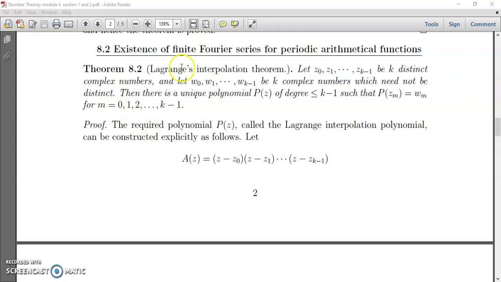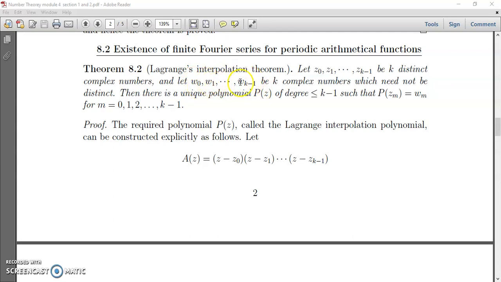So in this theorem, we have to show that corresponding to z0, z1, z2, etc., zk minus 1, which are k distinct complex numbers, and corresponding to these, we have k complex numbers which may not be distinct.